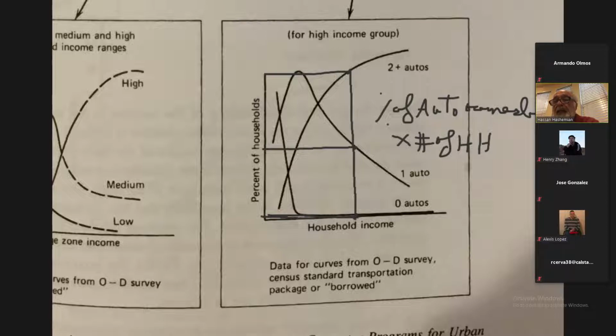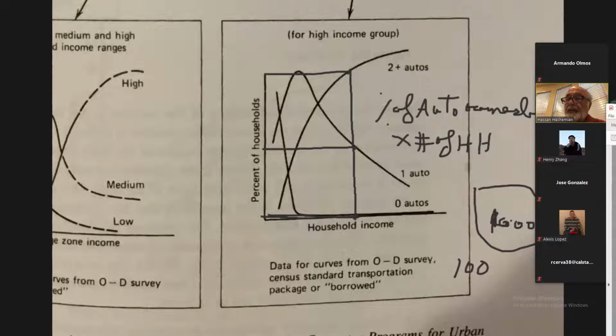Let's say 1,000 households live here, correct? If 10% of them have no car, 10% of 1,000 will be 100 households with no car, 200, maybe 400 with one car, and so on. So if you multiply these by the number of households, you can figure out the number of auto ownership. Okay, any question on that?